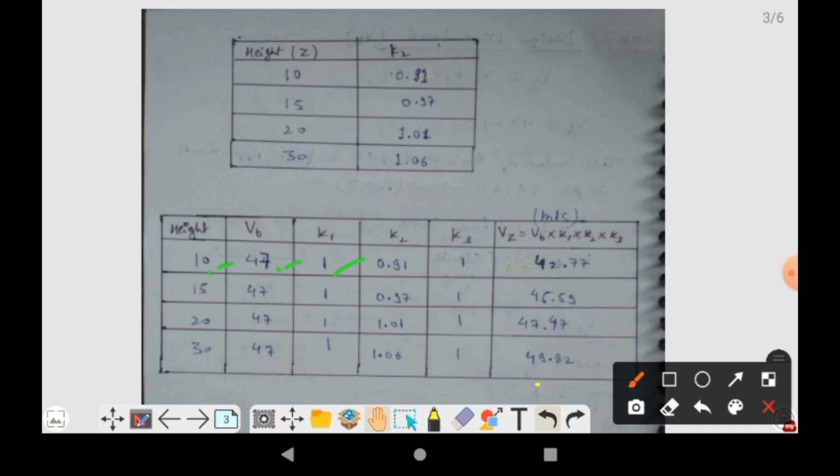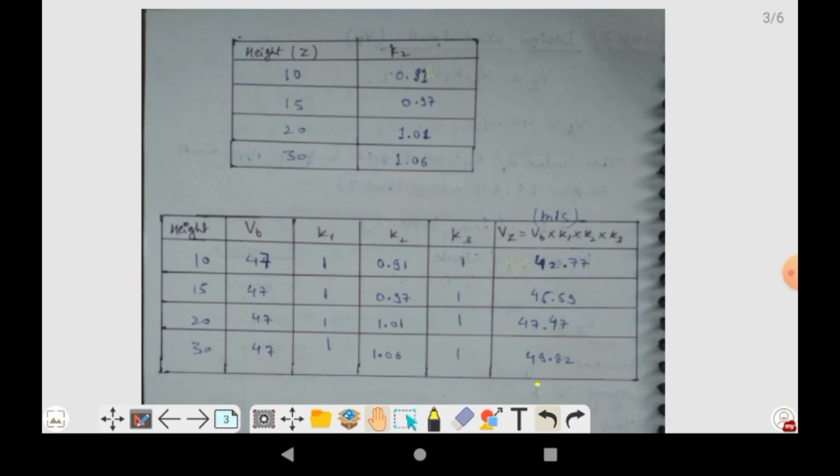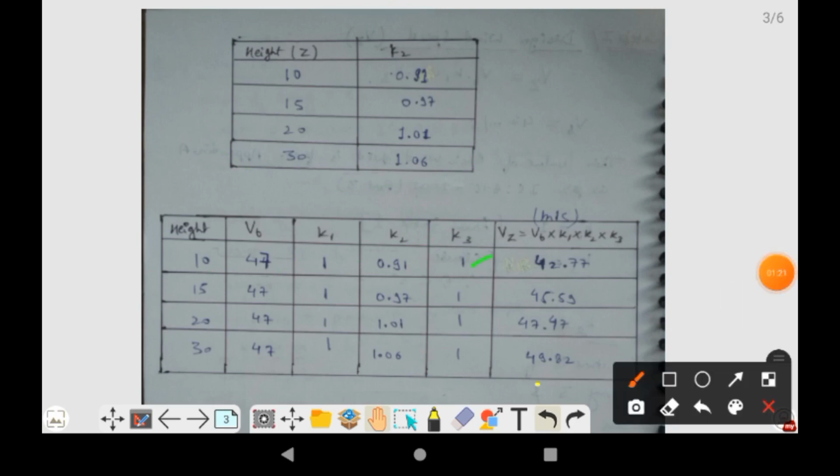The value of K2 at 10 meter height is 0.91, at 15 meter it is 0.97, for 20 meter it is 1.01, and for 30 meter it is 1.06. We have taken all the values of K2 from this table, and this table we have taken from the code. The value of K3 is also constant. It doesn't have any relation to the height of the building.